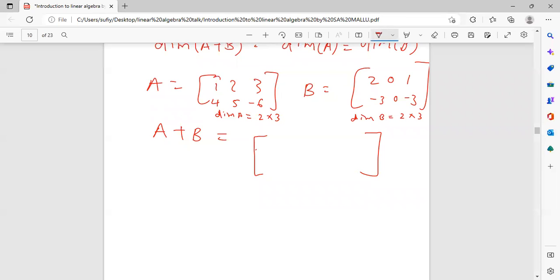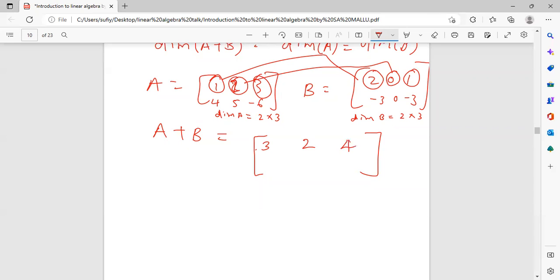Now let us do that. As I said, it has to be done entry-wise. So it would be 1 plus 2. What is 1 plus 2? That is 3. So we put a 3 there. Then we take this entry and add it to this entry here. So what is 2 plus 0? It's 2. Then we take this entry and add it with the corresponding entry of matrix B. What is 3 plus 1?